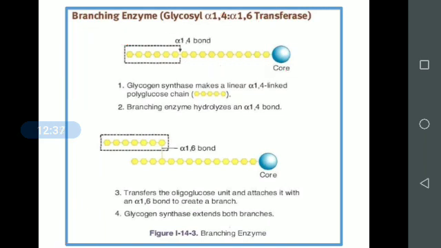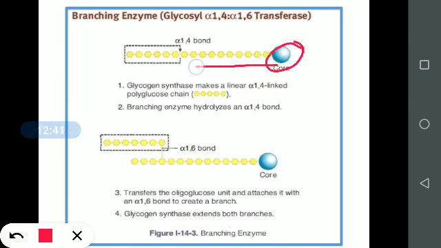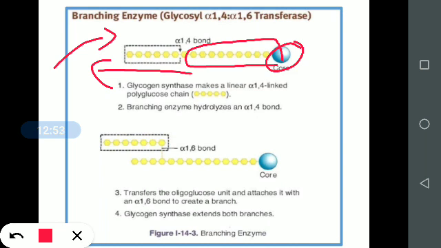That means the primer is the core, to which autoglycosylation occurs. After autoglycosylation, the next enzyme, glycogen synthase, will be involved in further elongation.